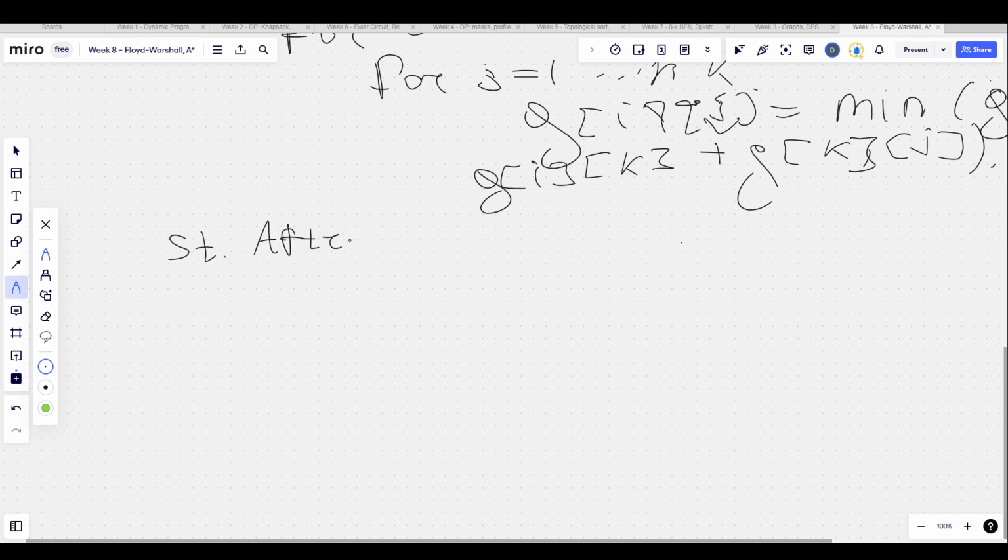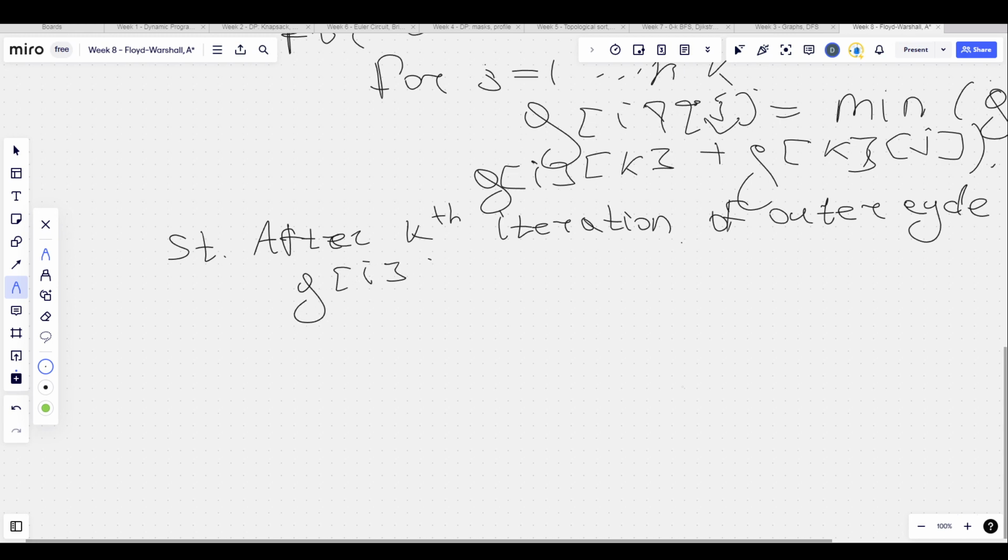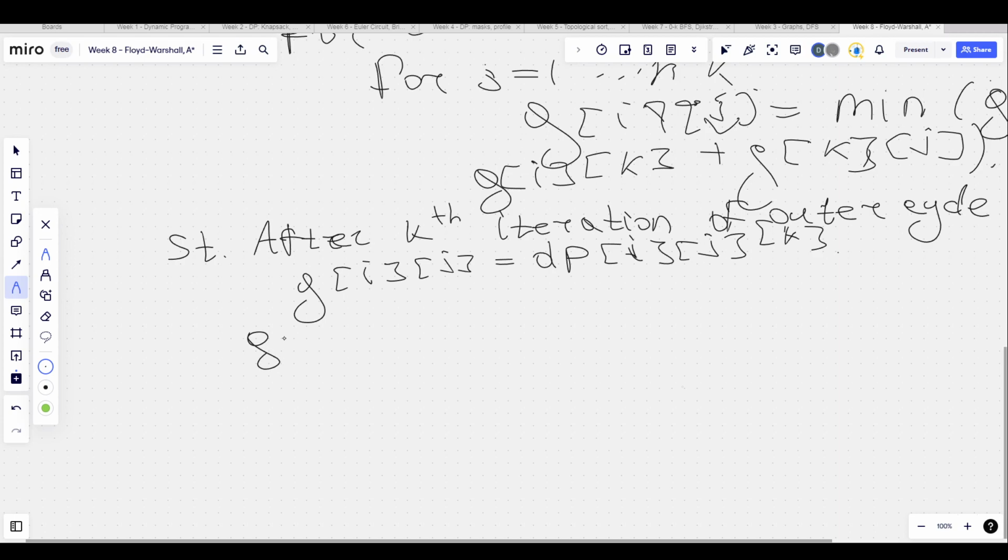But let's make a statement: after the k-th iteration of the outer cycle, g i j equals dp i j k. Let me prove it in words.